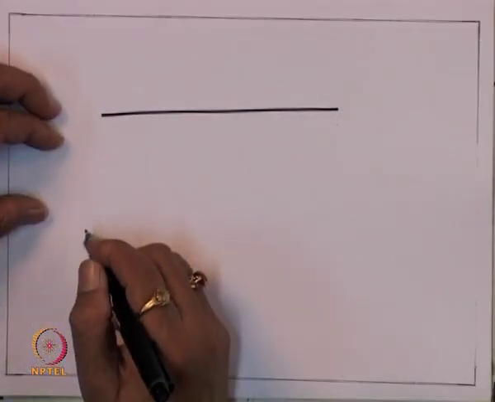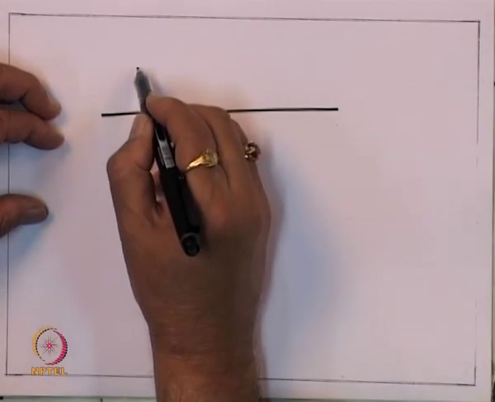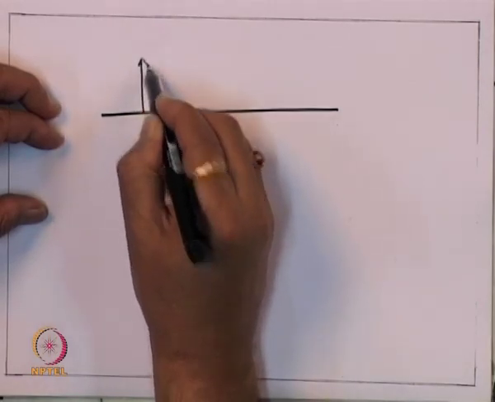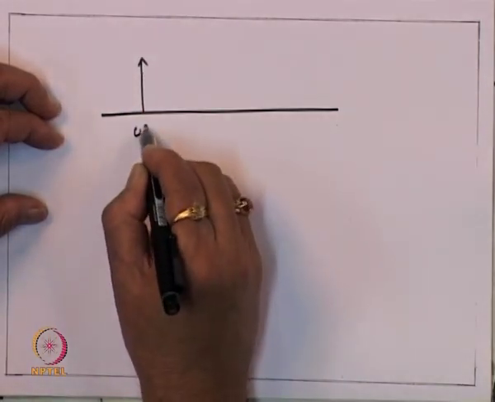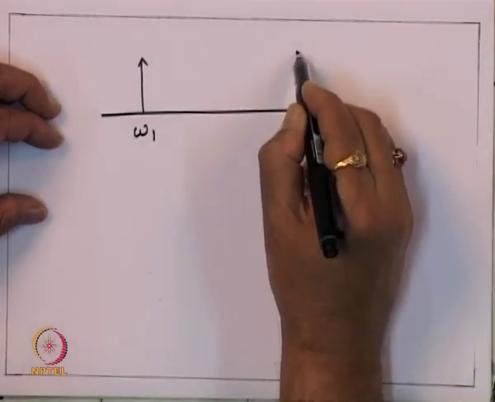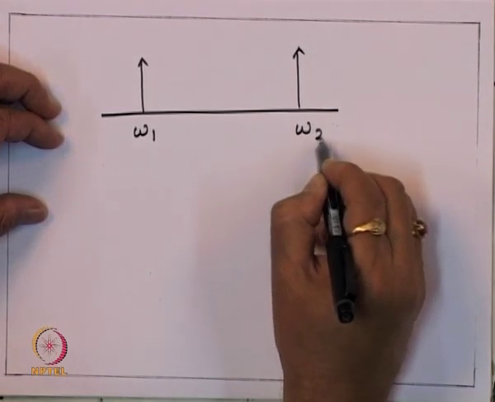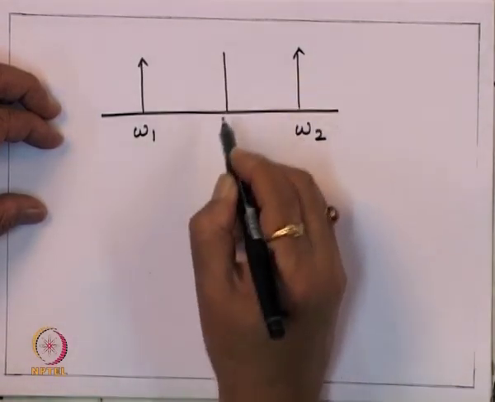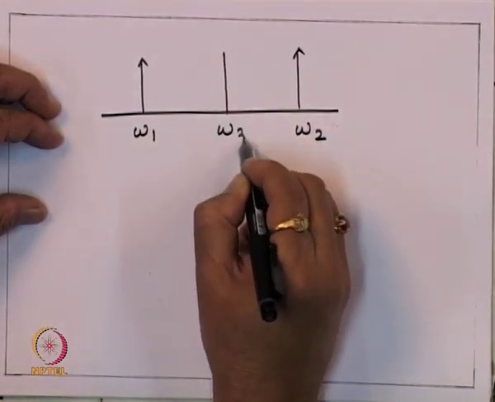Let us say this is a channel here which is at omega 1, a channel here which is omega 2, and a channel here which is omega 3.